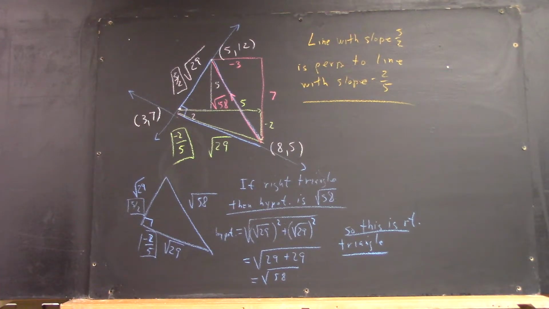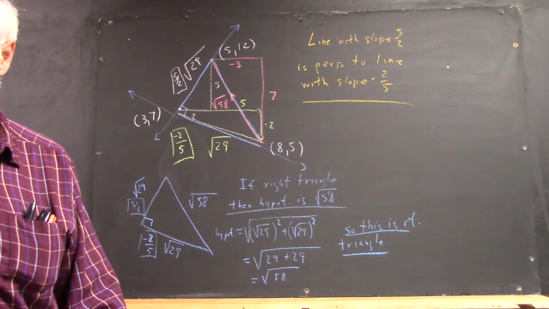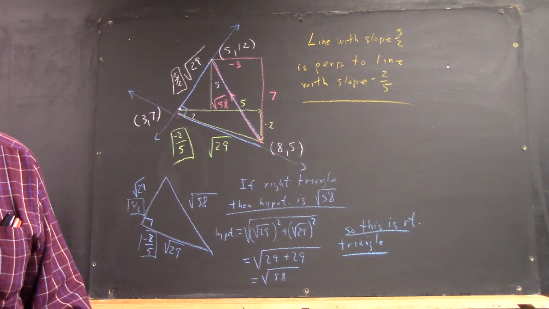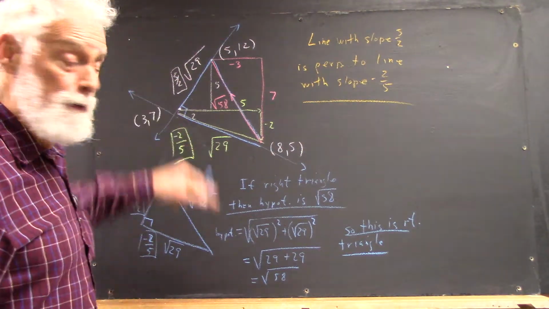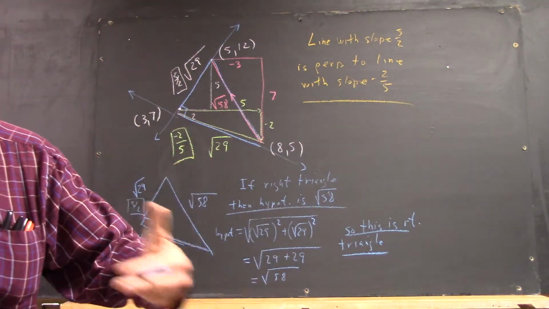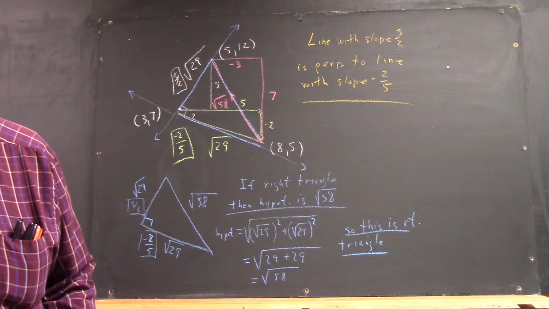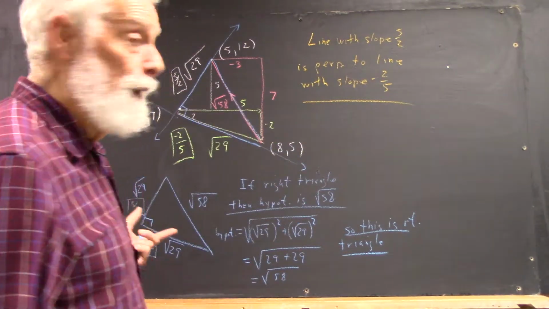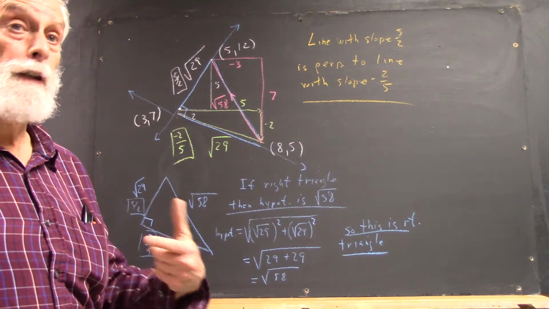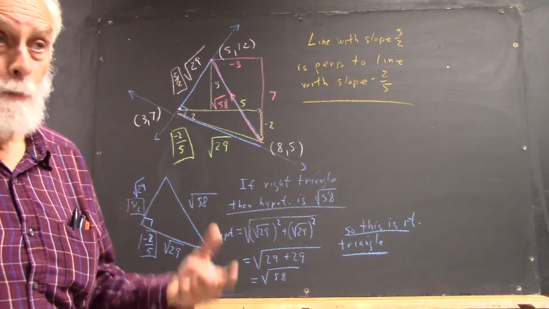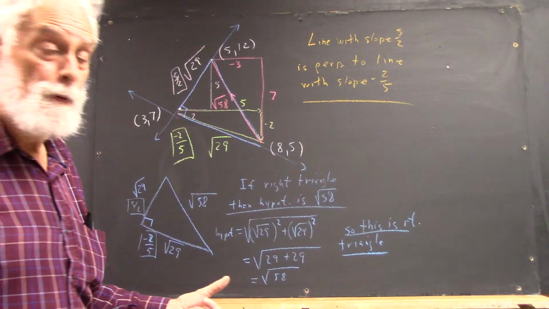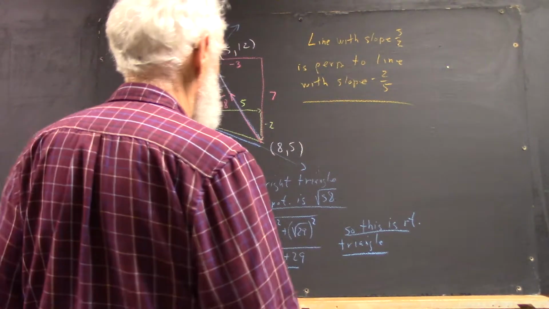Now, this doesn't prove that negative reciprocal slopes make lines perpendicular, because this is only an example for one specific rise and one specific run, right? So it's only for slopes of 5/2 and negative 2/5. But if you do it in symbols, you get a proof that perpendicular lines have negative reciprocal slopes.